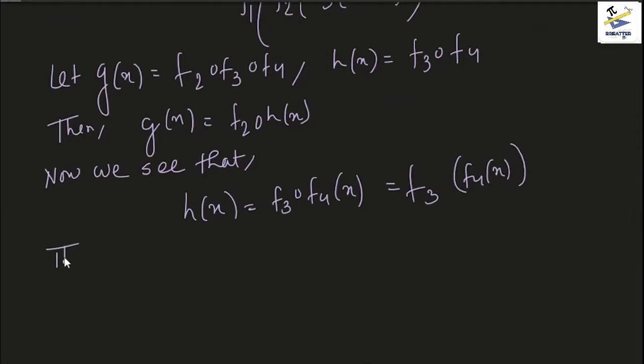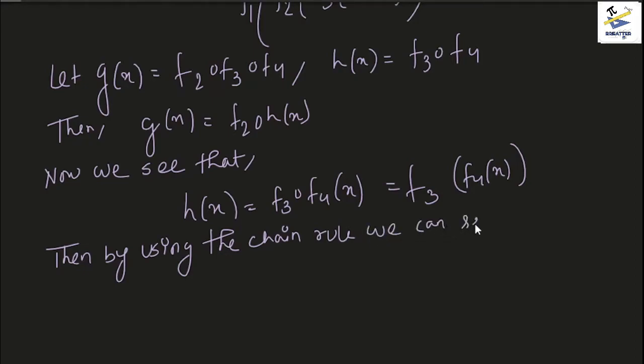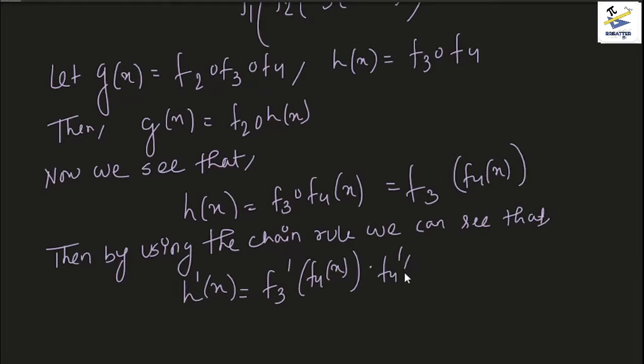Then by using the chain rule, we can see that h prime x is equal to f3 prime of f4 of x multiplied by f4 prime of x, right? So this would be the meaning of these functions, right?